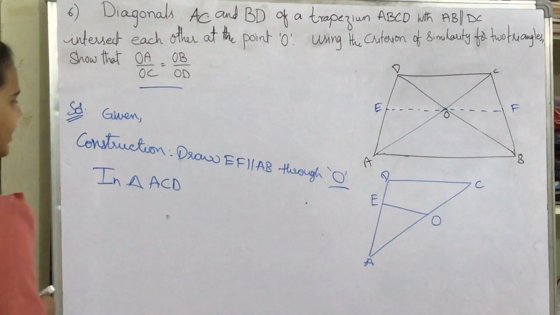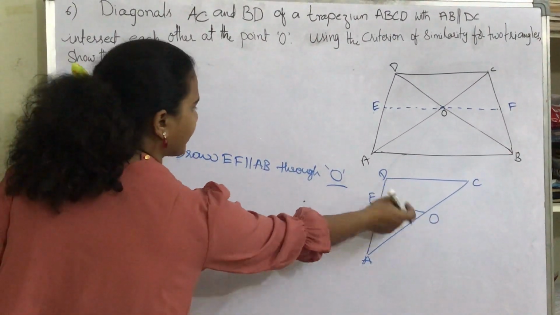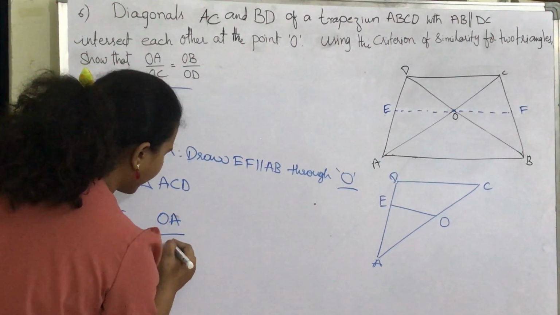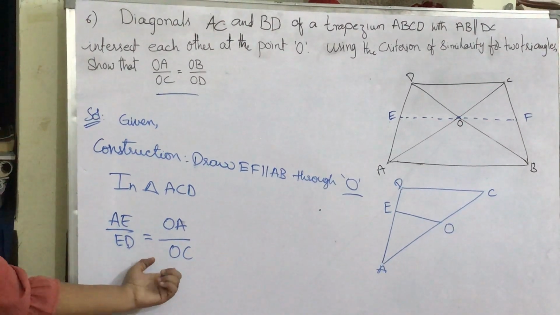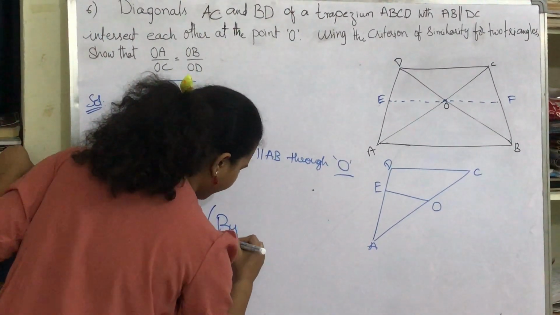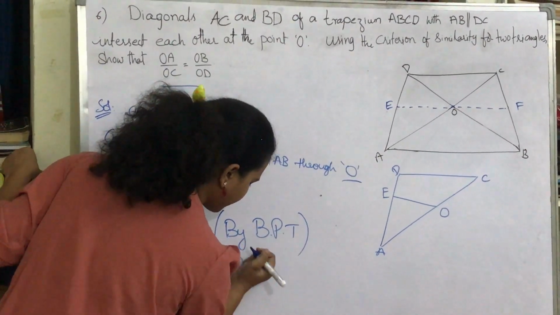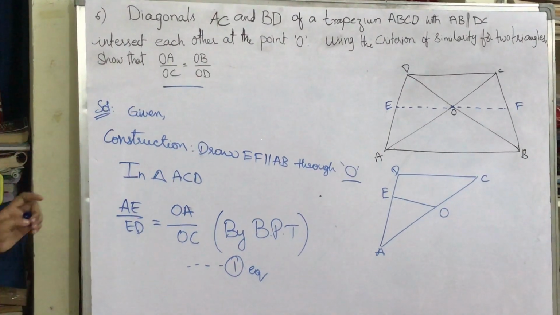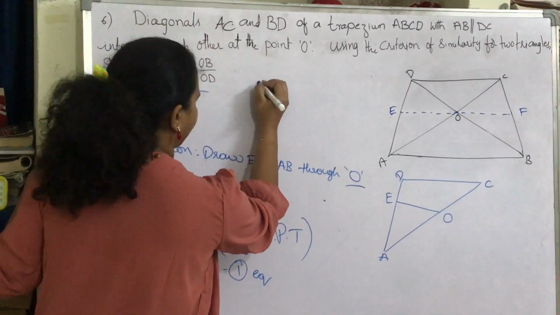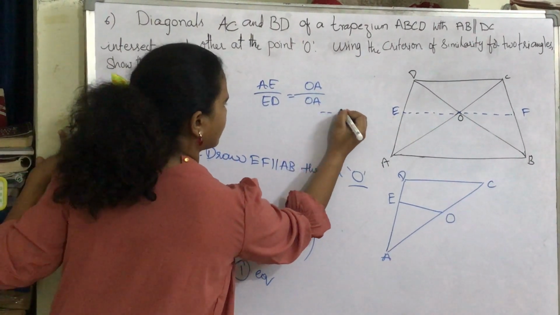As I can say, AE by ED equals AO by OC, because they are divided in the same ratio, by BPT. Here we get equation number 1: AE by ED equals OA by OC.